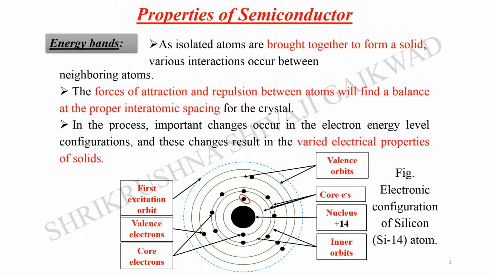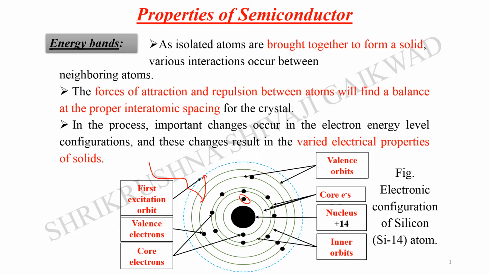If we supply some amount of energy and try to excite these electrons in the outermost shell, they will get excited and occupy the upper energy states which are available for conduction.